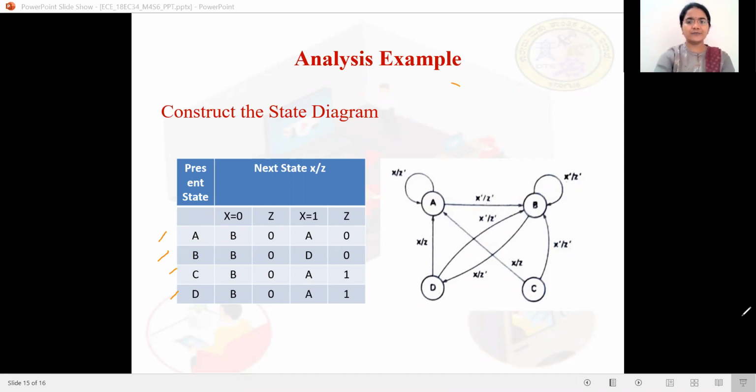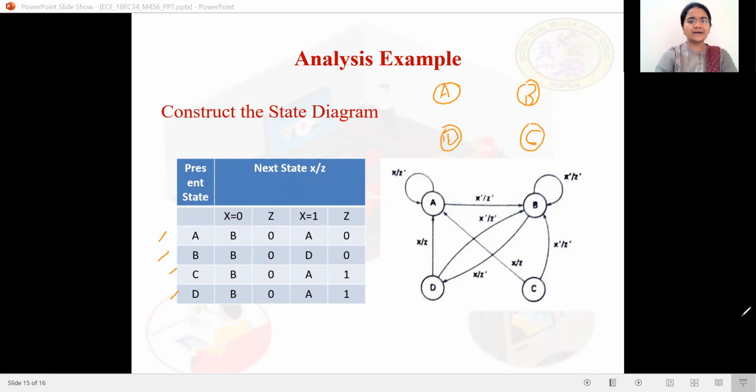How many states are there? 4 states are there: A, B, C, D. We have to write the circle, and inside that we have to write a state variable name. And then we have to write the directed arcs between these states depending on this state table.